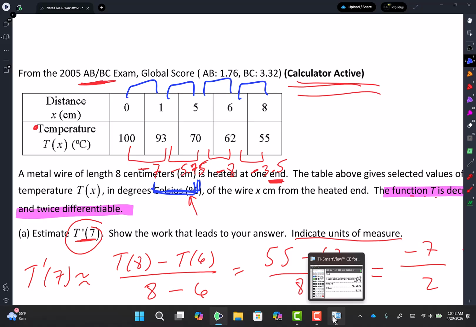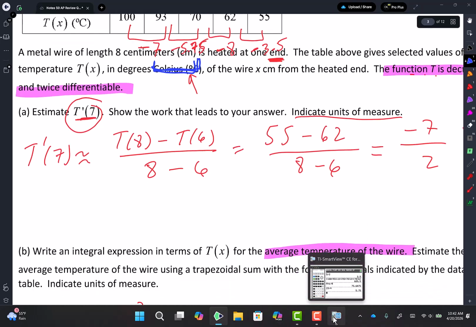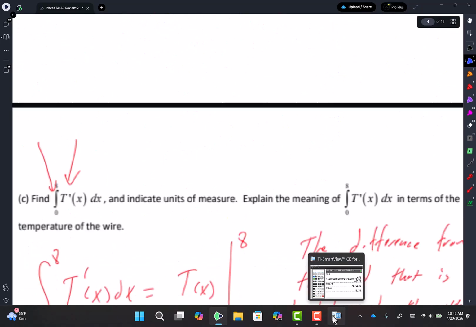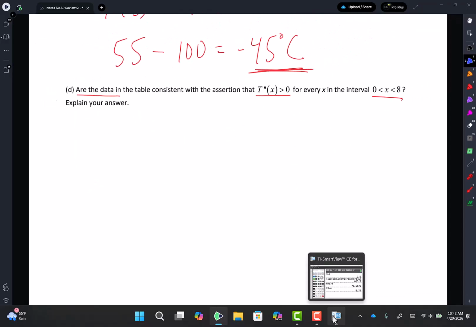So how are we going to write it? Are we going to reference it in terms of T prime, or do a mean value theorem type of thing? Because I went from negative 7 to negative 5.75, and then from negative 5.75 to negative 8. So I decreased, right? I'm going to make a statement based off of T prime, but I think they probably want me to make it. How should I say this? No, because.